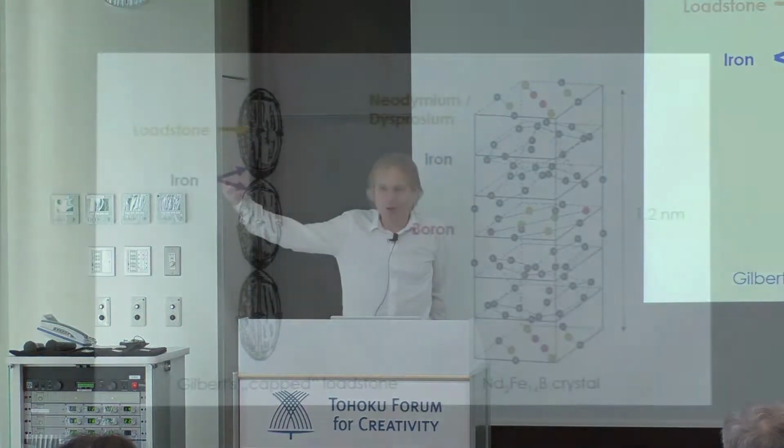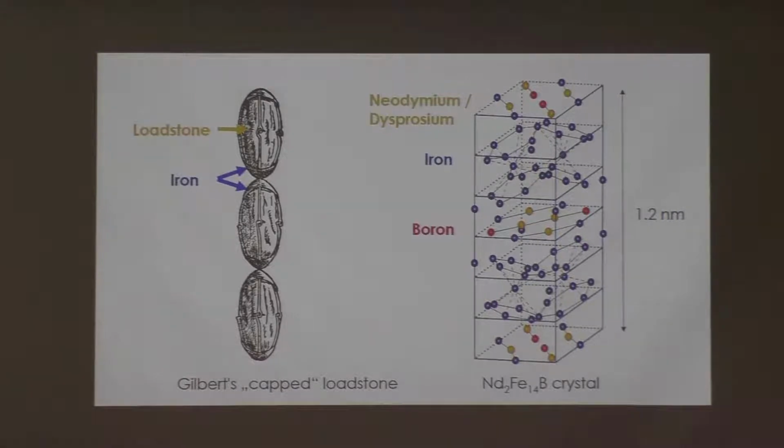So we move on in the centuries, and if you look at a neodymium iron boron magnet nowadays, you see that we have somehow more or less a similar structure. So at 1600, we had the lodestone and then an iron layer. And nowadays, if you look at the unit cell of a neodymium iron boron magnet, we have an iron layer, and then we have the rare earth layer, and then we have an iron layer, and then a rare earth layer.